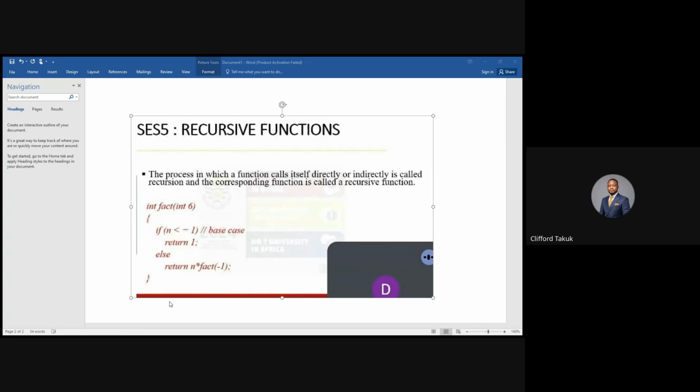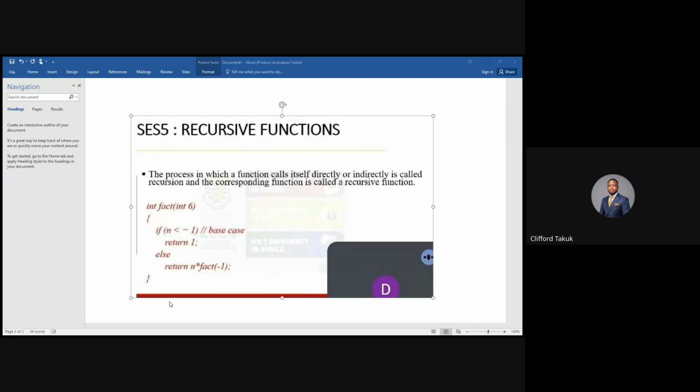All right. So they are saying that if n is less than or equal to 1, then return 1, because the factorial of 1 is 1. Is that not true? Yes.